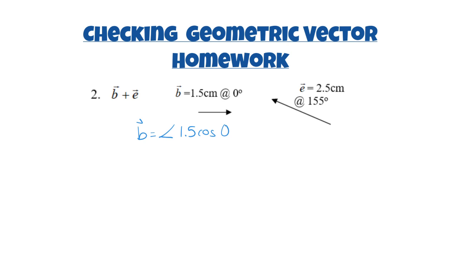So cosine 0, which is going to be nice, and then 1.5 sine 0. I do those thetas so often, my zeros sometimes turn into thetas. Okay, so the cosine at 0 is 1, whereas the sine at 0 is 0. So vector b in component form is going to be 1.5, comma 0.